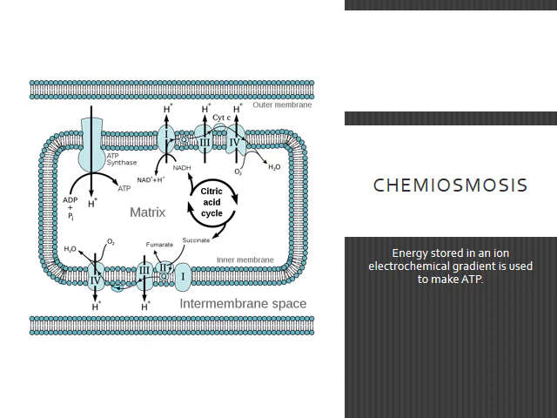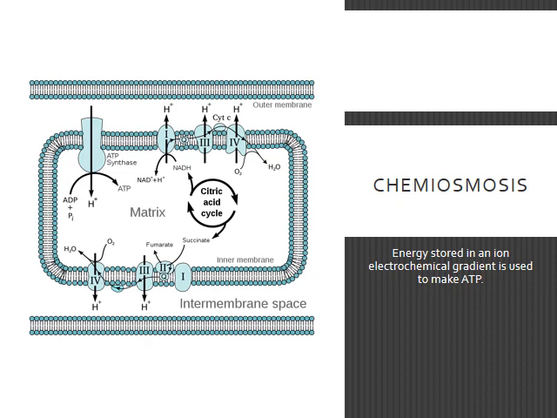So between the two membranes, you have a lot of hydrogen ions, tons of them. Those hydrogen ions want to get into that matrix. They want to get on the inside. The only way they can get through is through that molecule there called ATP synthase. ATP synthase is a channel. It will let these hydrogen ions through.